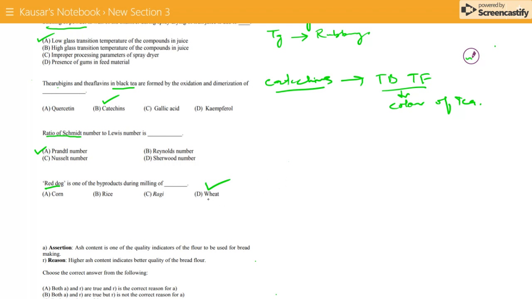It is related to wheat because one of the brands of wheat processing packed the byproduct of wheat in a package which displays a red dog picture. Because of that picture, red dog is related to wheat.